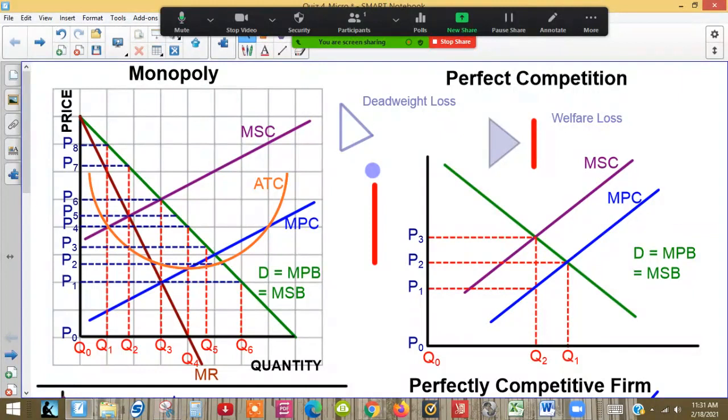In your quiz, you're going to be analyzing a monopoly graph, very much like the one you're seeing here on the left. The only difference is that instead of prices P8, P7 designated like you see here, and quantities Q0 through Q6 like you see in the graph, in your quiz you'll actually have real amounts, like 10, 20, 30, or whatever it is.